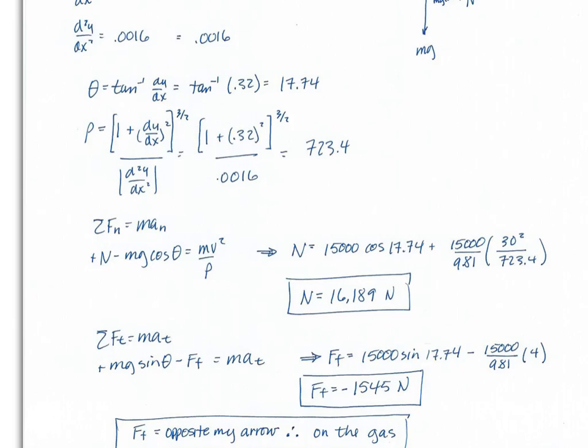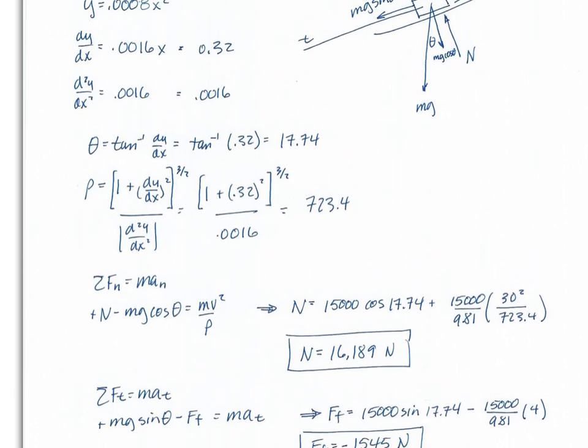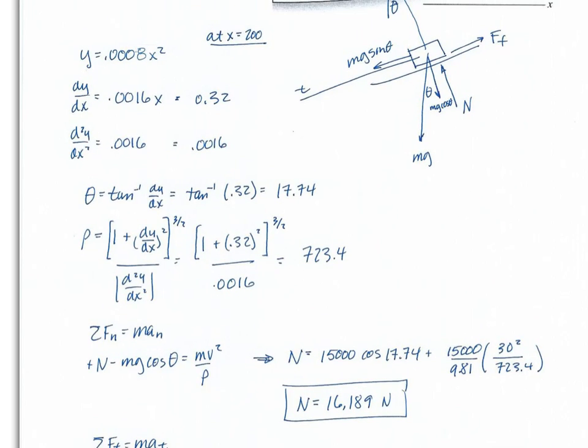Now, summing the forces in the tangential direction, we do by looking again at the free body diagram. I'll have the mg sine theta going downhill, so that'll be a positive, because positive tangential is in the direction of motion. I drew the force of friction backwards, assuming that the force of friction was slowing him down. But let's resolve that.